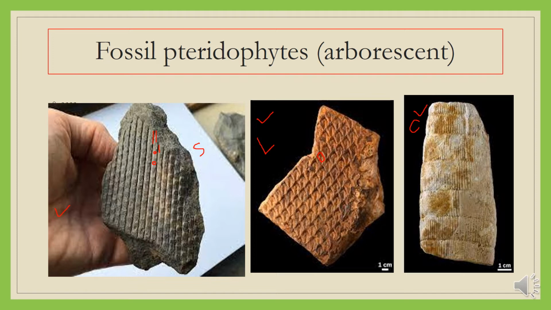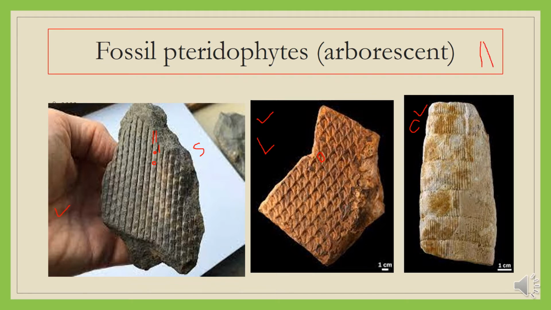These pteridophytes were huge in size, from 80 feet to 160 feet. The Sigillaria, Lepidodendron, and Calamites are three, but there are many other pteridophytes which were arborescent. They had huge trunks with a large diameter, and they reached great height, and the top crown was cone shaped.